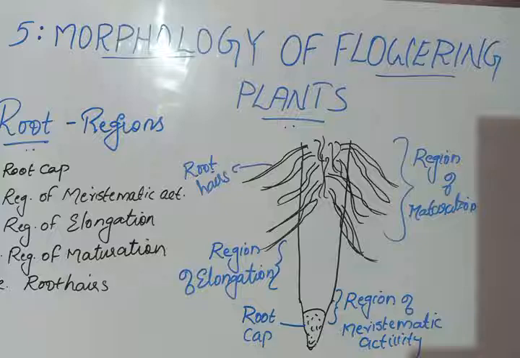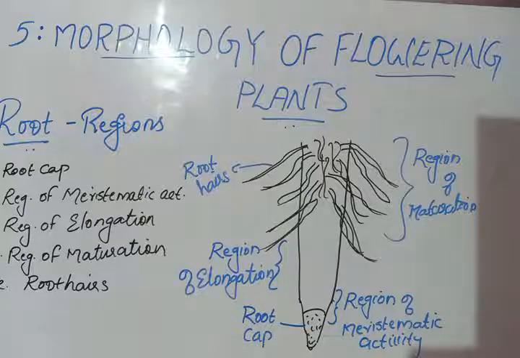Root cap, region of meristematic activity, region of elongation, region of maturation, finally root hairs. Okay. Now come to the modifications of root. Some roots are modified for some purpose.